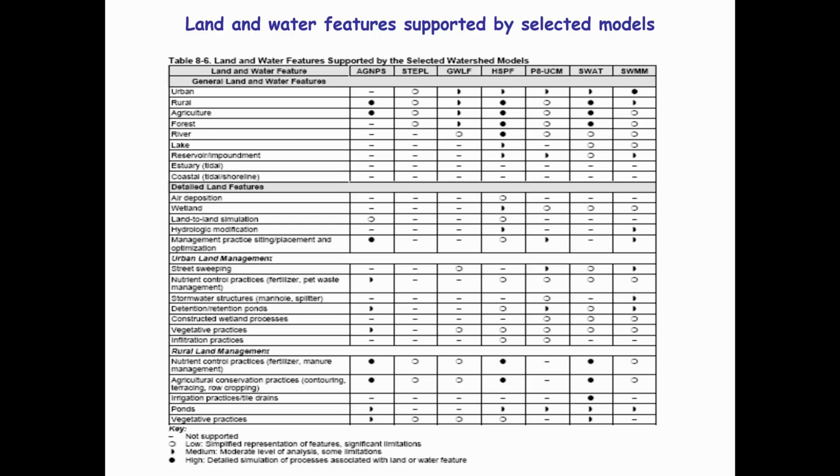For instance, SWAT will allow for incorporation of urban areas, also rural areas, agriculture, forest, and the types of representation are either a lot of detailed representation, or there may be some limitations to their representation, or the degree of representation may be very limited, or it might be not represented at all.